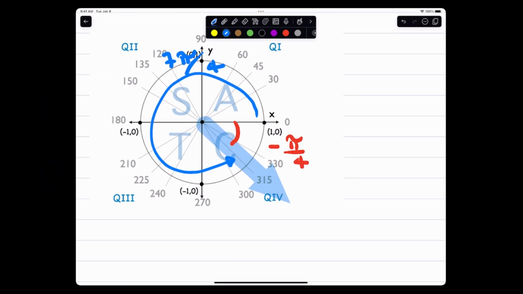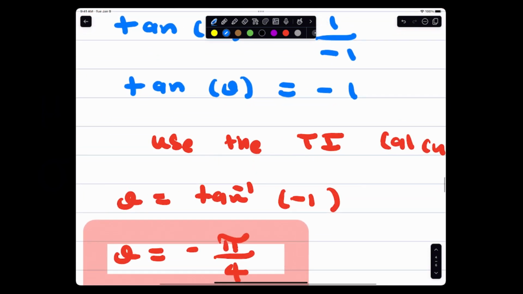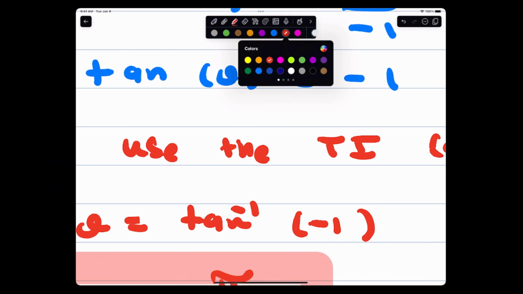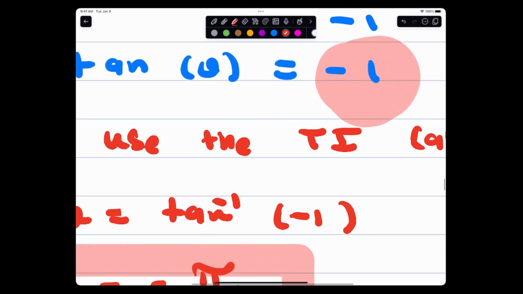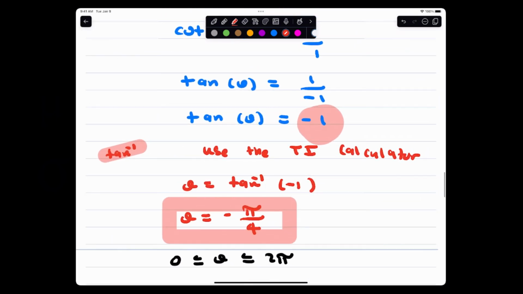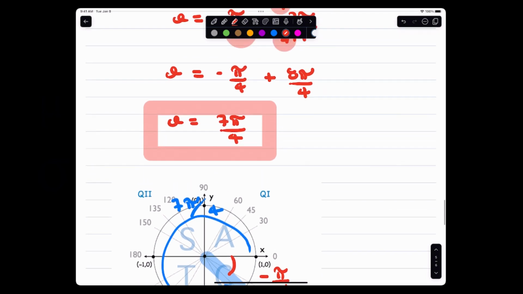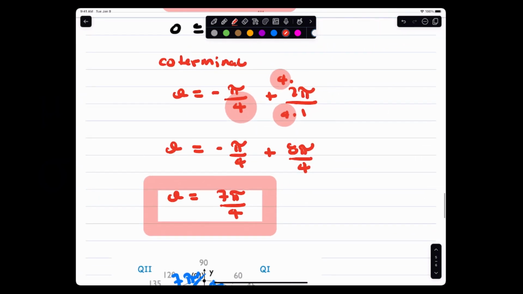But what else do you guys know? Tangent, they're saying over here, tangent is what? Is negative. Is that true? We're using the TI. We're using our technology. You may like using technology, but notice it doesn't give you everything you need to know. And that's the point. So notice what you had to do, ladies and gentlemen. You had to find the angle, 7 pi over 4. You had to find coterminal angles.